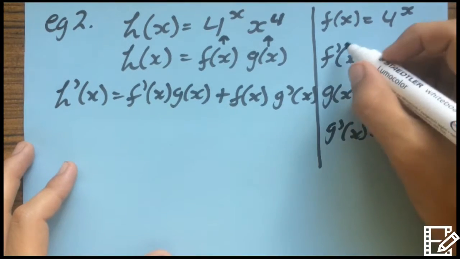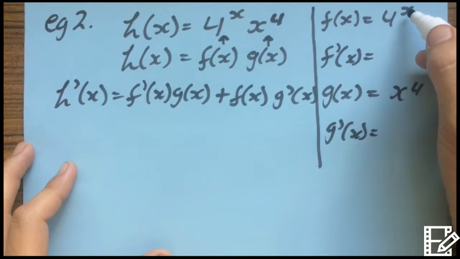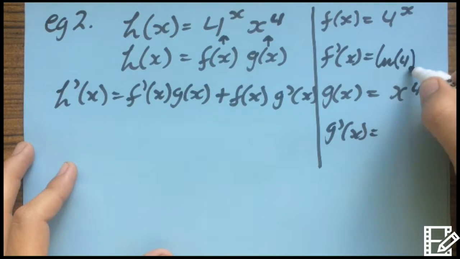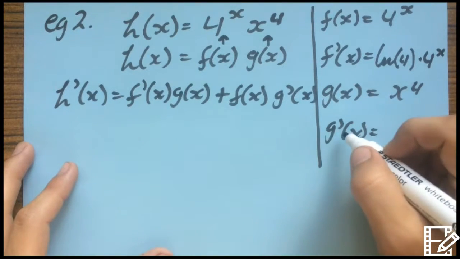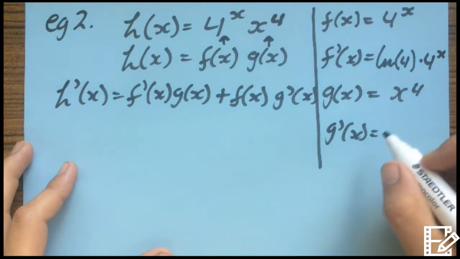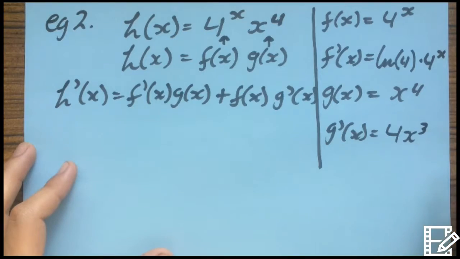So the derivative of f(x), if f(x) is 4 to the power of x, would be ln of 4 multiplied by 4 to the power of x, just like before. Derivative of g(x), if g(x) is x to the power of 4, would be 4x to the power of 3.